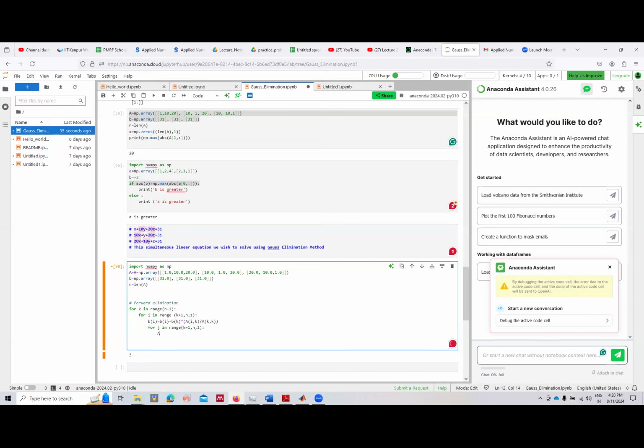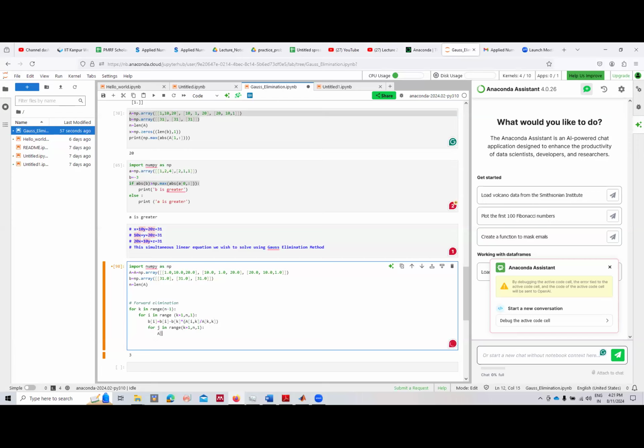Now, in each element A, I will replace A as it will be represented like this. This is the syntax of Python.